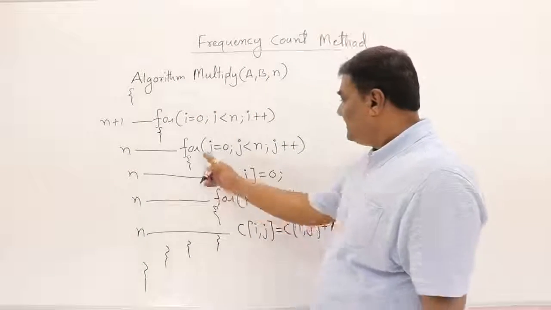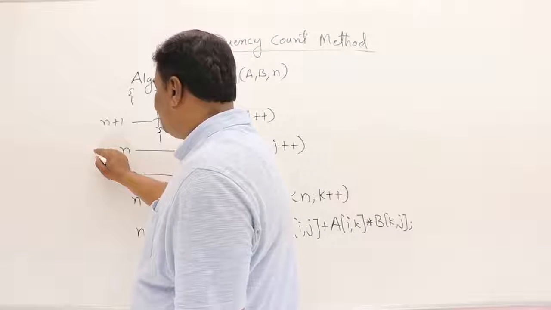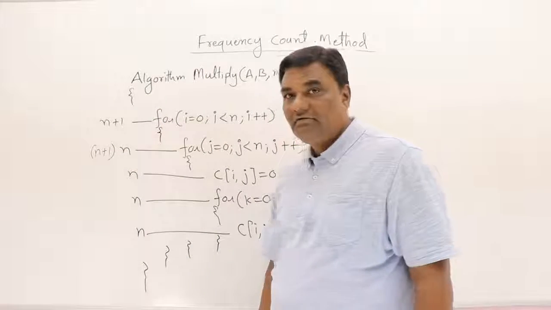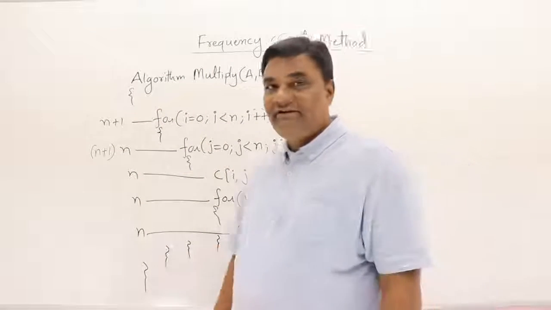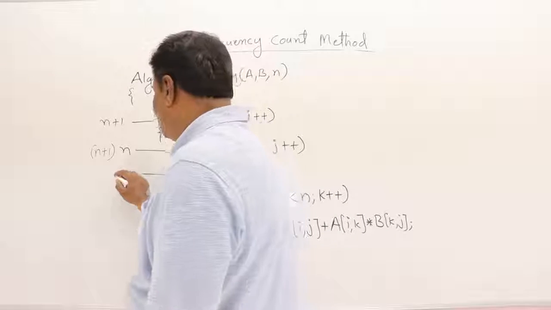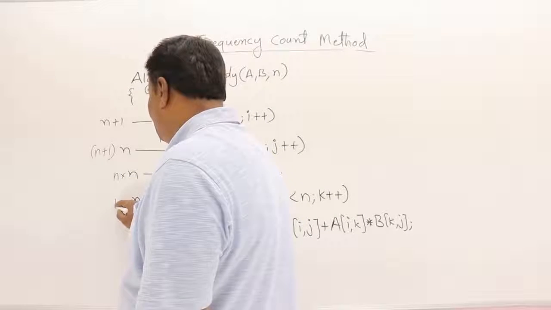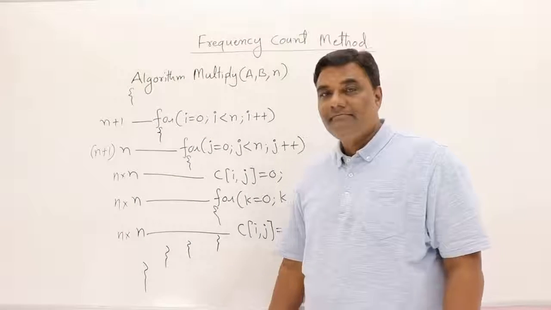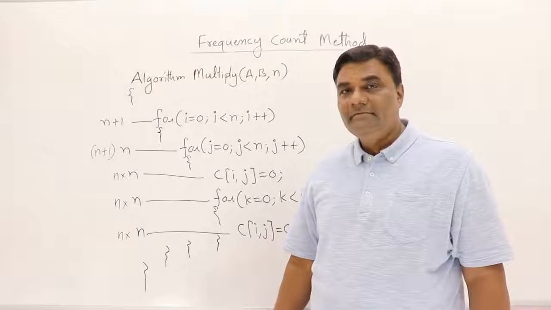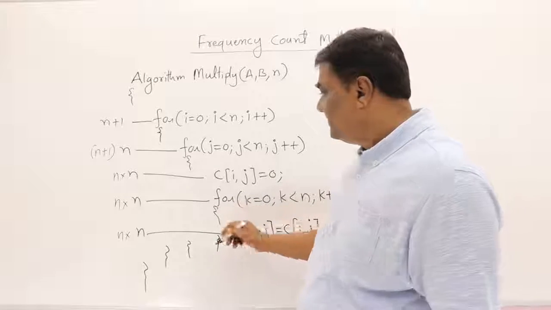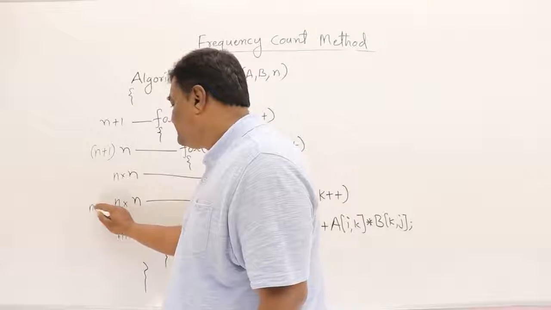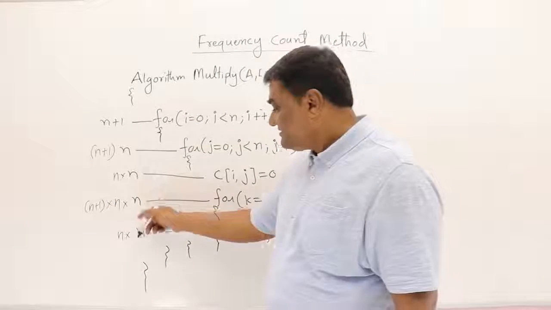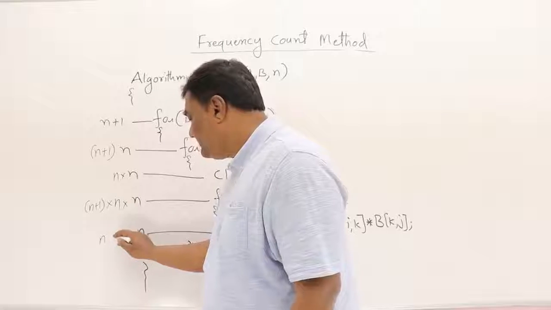Then again this is a loop, so this is n plus 1. Whatever is inside will execute for n times. Then again this is a loop, so n plus 1 times, and whatever is inside will execute for n times again.